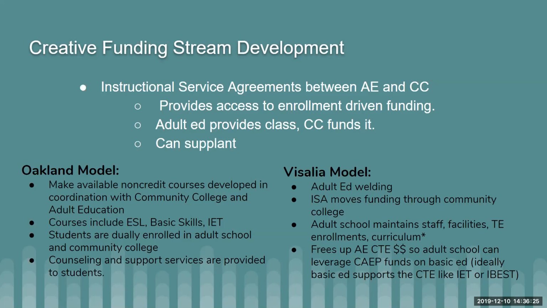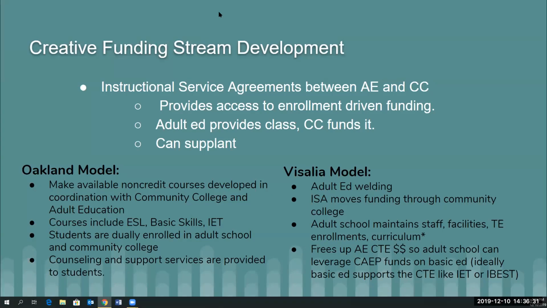Yeah, these can be a lot of different things. I'm going to explain to you what our particular model is in Oakland, or what we're trying to accomplish here in Oakland.